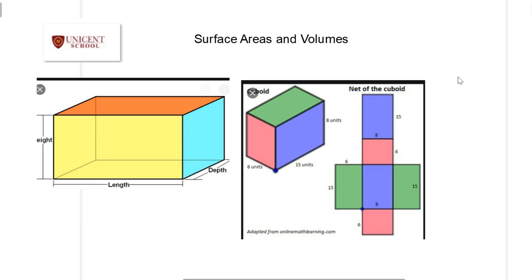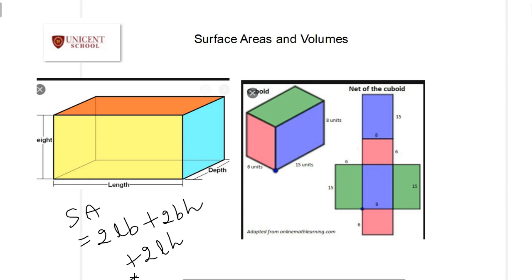Let us calculate the surface area. It has 2 rectangles having measurements L and B, plus 2 rectangles having B and H, and 2 rectangles having L and H. That gives us the formula 2 times (LB plus BH plus HL).